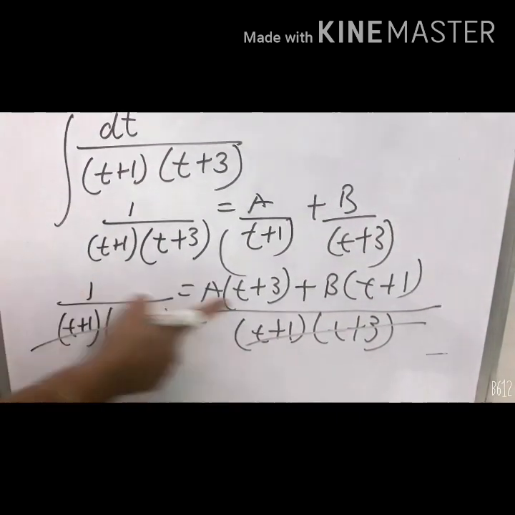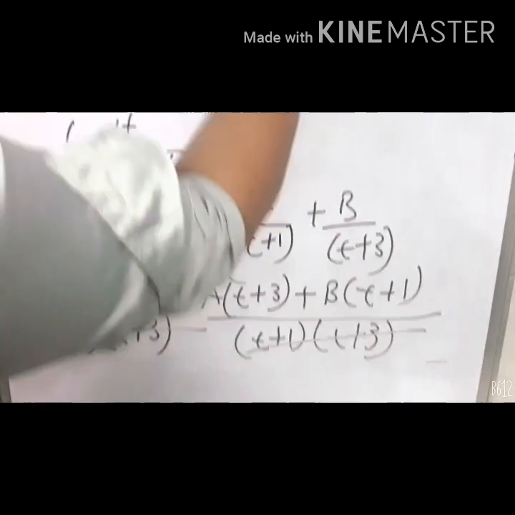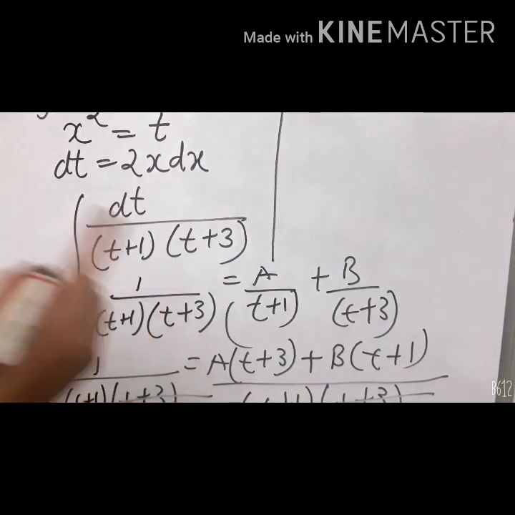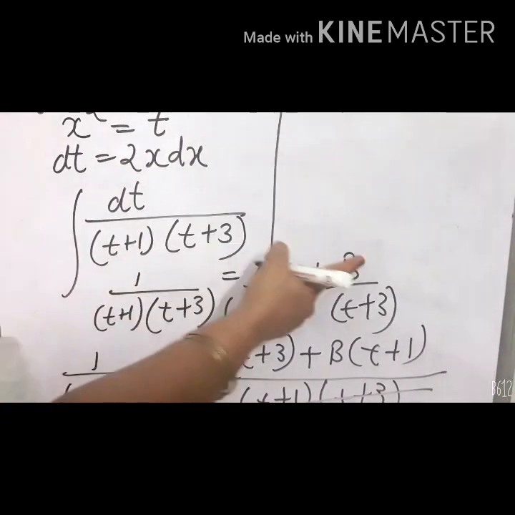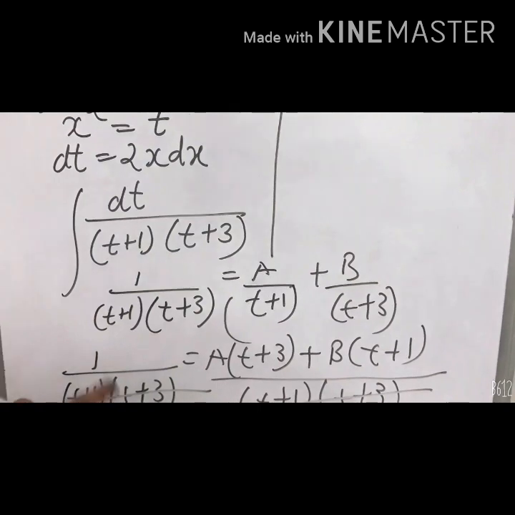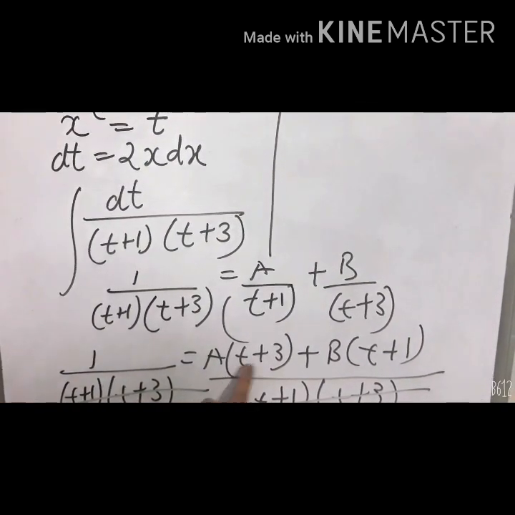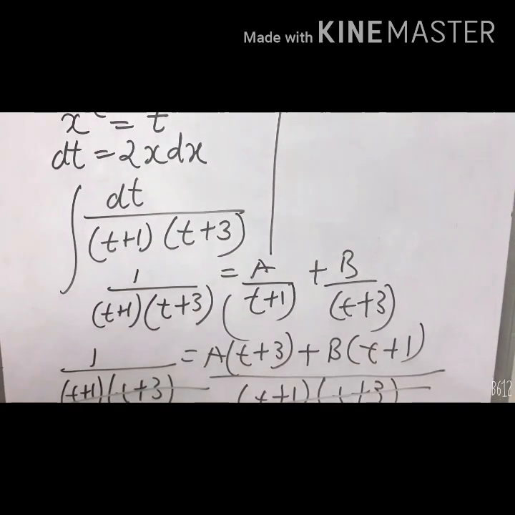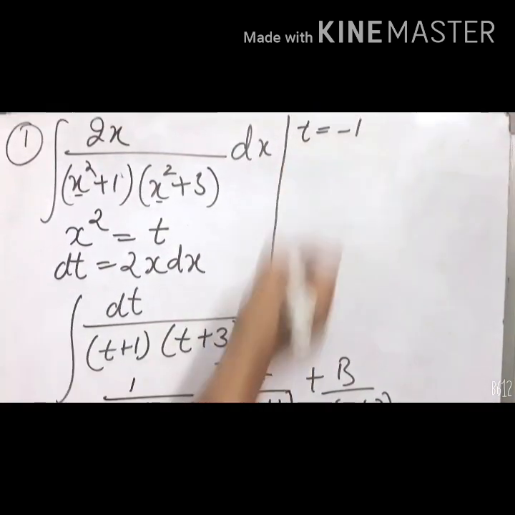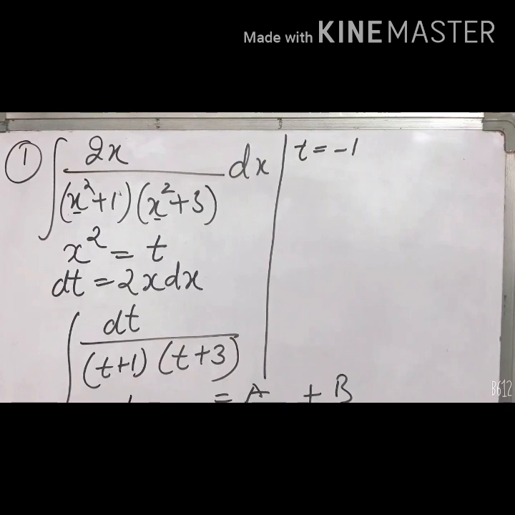Now I am remaining with only the numerator part. When the numerator part is there, how to get? We need to find out the values of A and B. For the values of A and B, see here, it is t plus 3 and t plus 1. If I put t is equal to minus 1, one of the constants becomes 0.